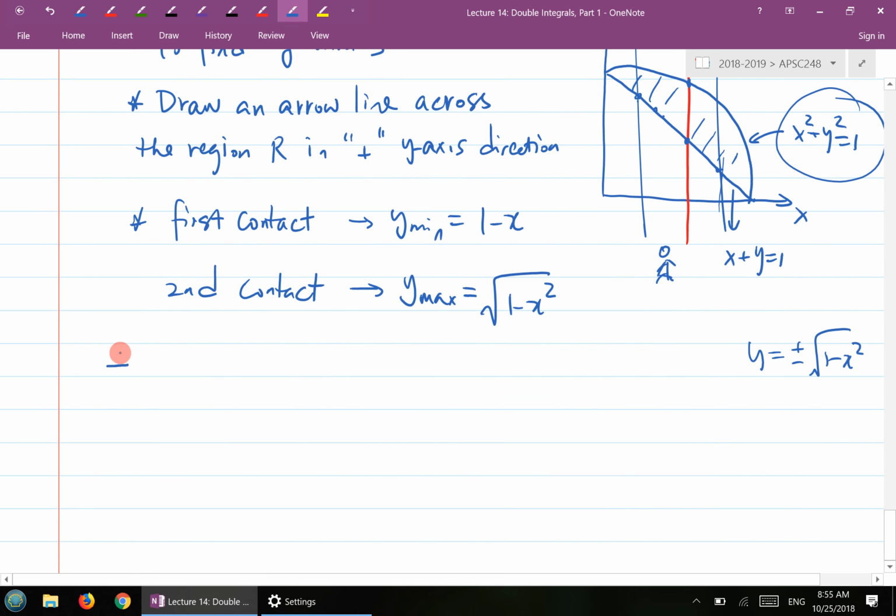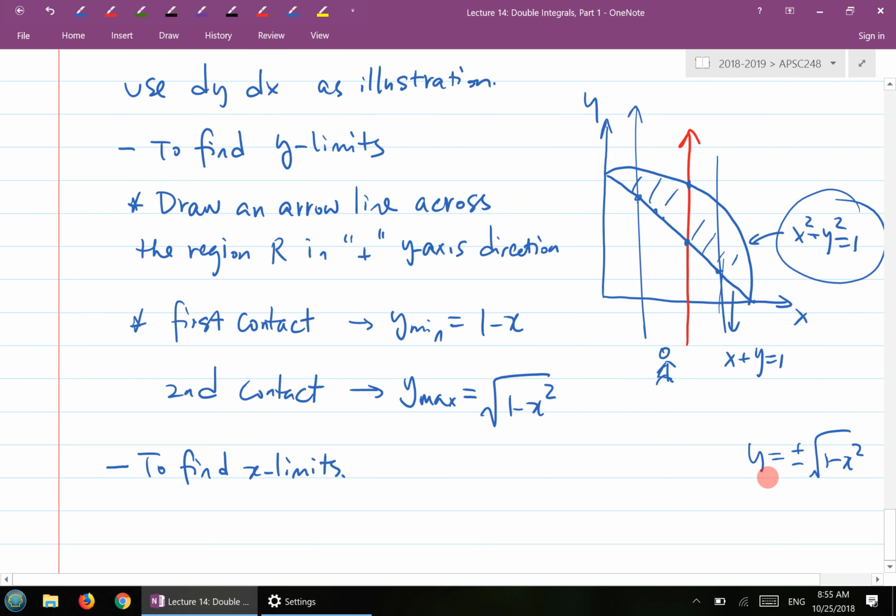And the second step, under this small section, is to find the x limits. You can also consider that for the first step, when you go from the first contact to the second contact, what happens is you generate a small line segment from here to here, the green one.